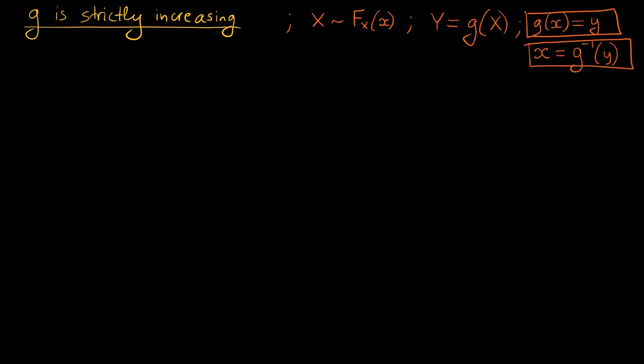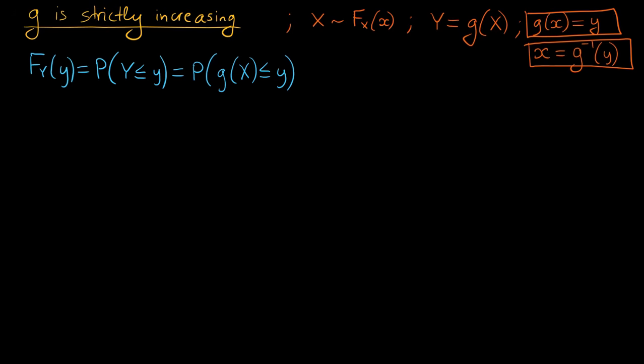The CDF of y is given by the probability that y is less than or equal to lowercase y, and that's the probability that g of x is less than or equal to lowercase y.